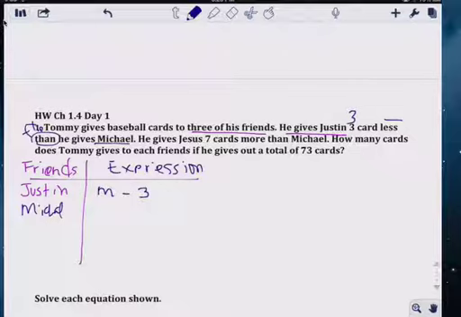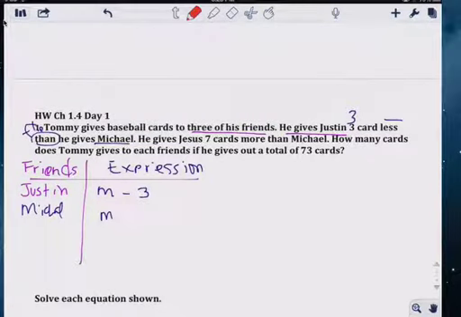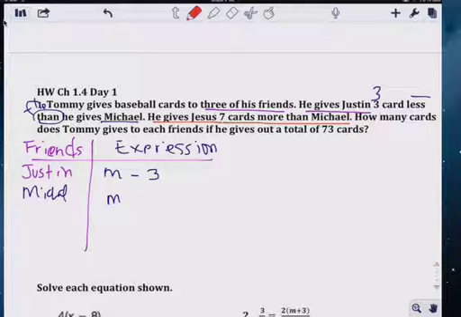Nothing is given for Michael, so we just give him the letter M. And the last person, he gives Jesus 7 cards more than Michael. So 7 cards more, that's 7 plus Michael. So it'll be Michael plus 7 because of this word than.